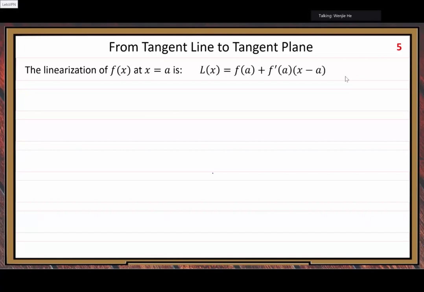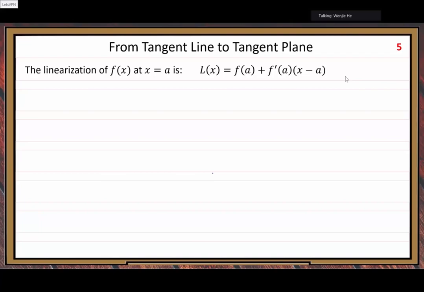This is the equation of the tangent line. L of x equals f of a, the value at the center point, plus the derivative f prime at this point a times x minus a.